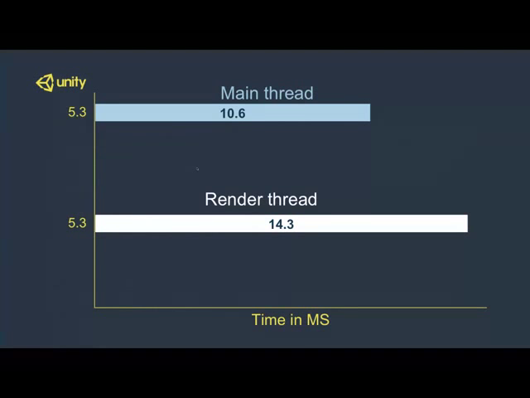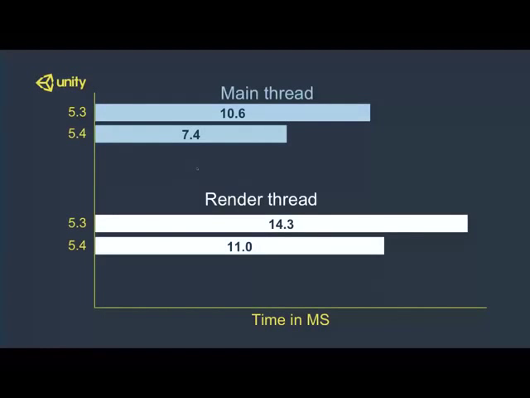And if you look, the CPU is just making it under 11 milliseconds on the main thread. But if you look, our render thread is over the 11 milliseconds that we need. So with 5.4, just general optimizations with 5.4, our main thread is down to 7.4 milliseconds, and our render thread comes in right at 11.